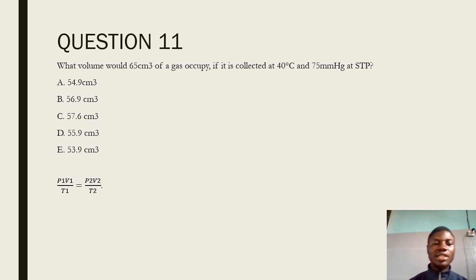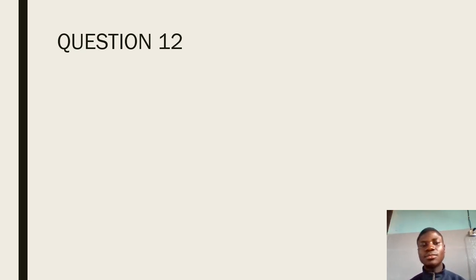Boyle's law states that the volume of a given mass of gas is inversely proportional to the pressure at constant temperature, while Charles's law states that the volume of a given mass of gas is directly proportional to its absolute temperature, provided that the pressure is constant. So in the combined gas equation, we are going to substitute our values, and we are going to have that answer. So the correct answer is not really there, so the best answer in this case is going to be D.